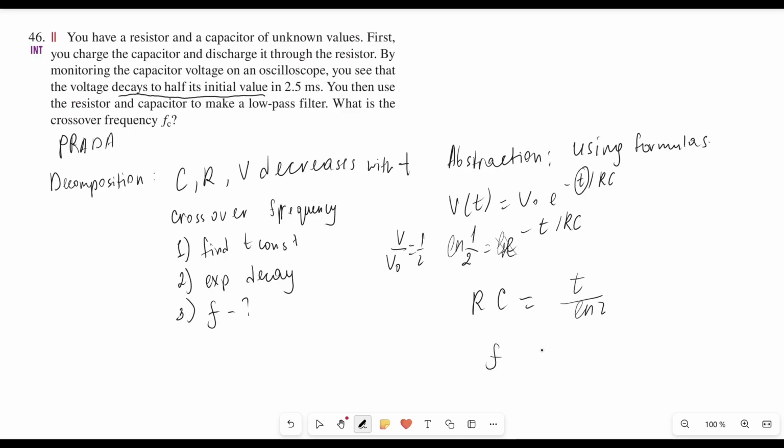The frequency is equal to 1 over 2 pi RC. So you can use the algorithm design to find our RC. After finding RC, you can find our frequency. This is the first formula, this is the second formula.